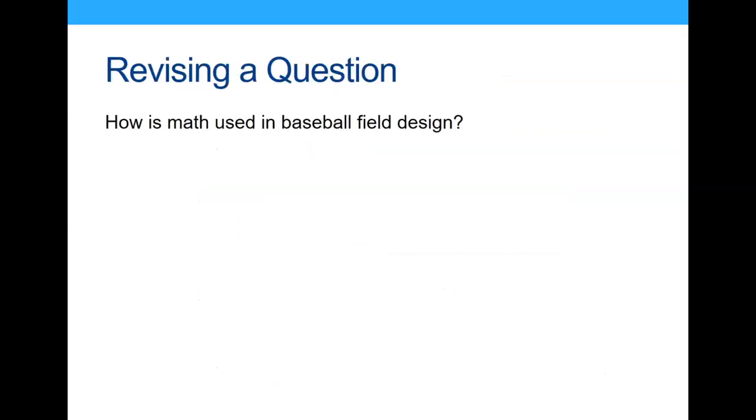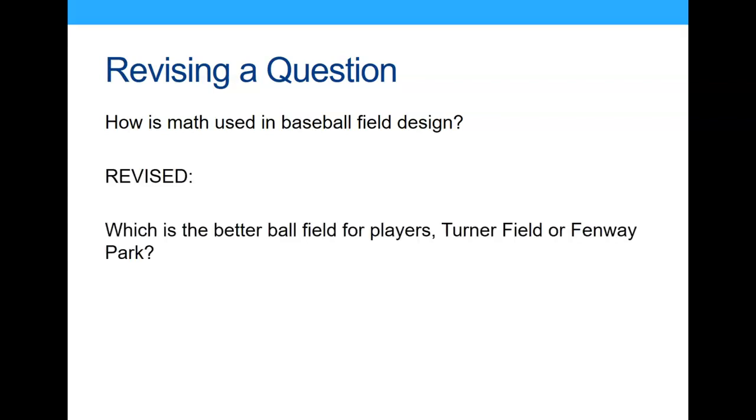Okay, so this is just a really quick exercise on how you might revise a question. What if you wanted to do something with math and baseball? How is math used in baseball field design? Well, you could Google that question and you would get some answers. But what about this: what is the better ball field for players or for hitters, Turner Field or Fenway Park?